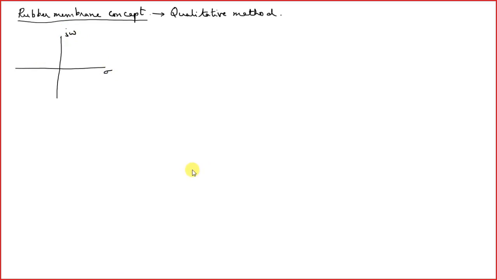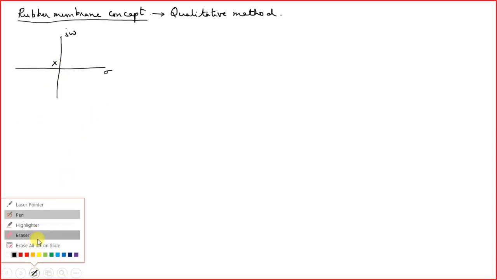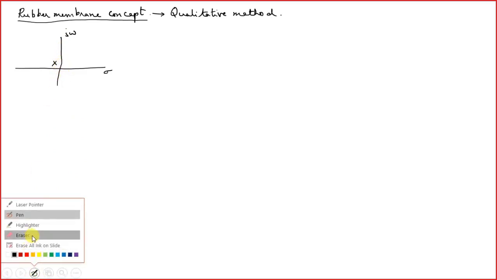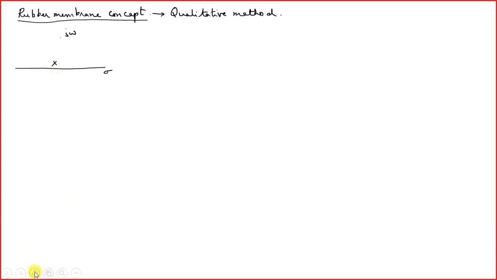Now I give you just a simple thing, a pole, and I ask you, can you find out what should be the amplitude response of this filter? How do you find out?